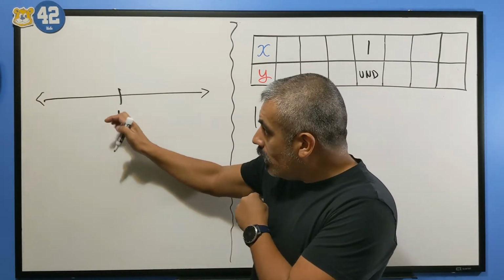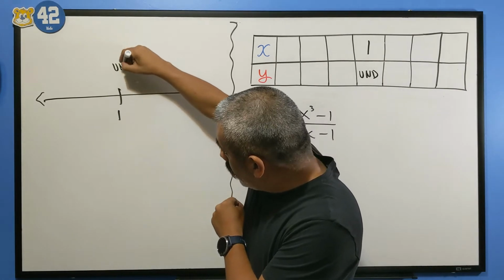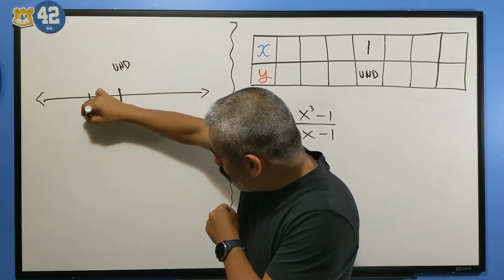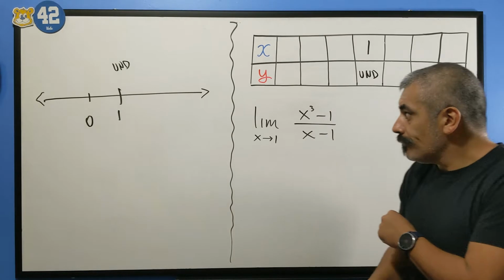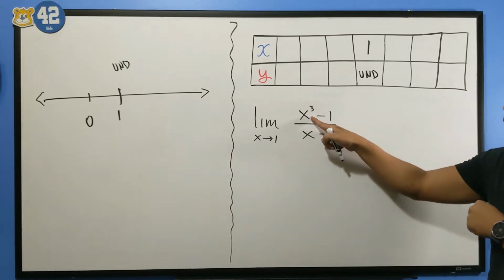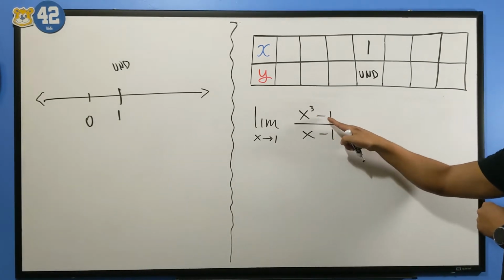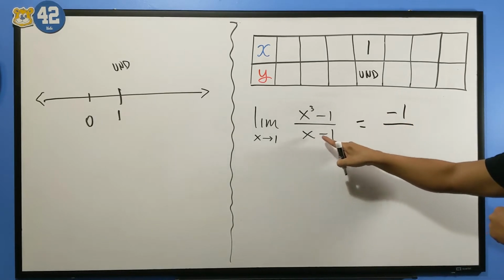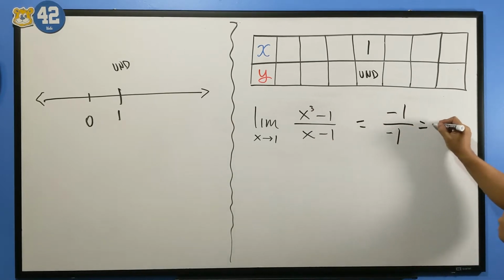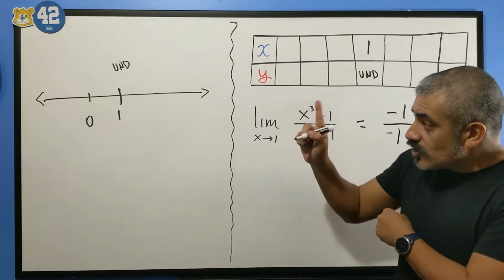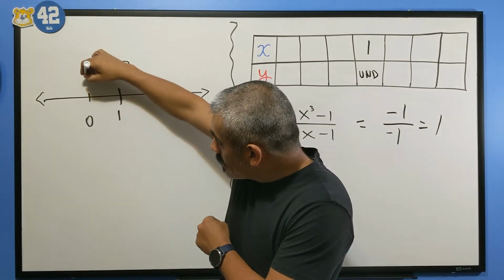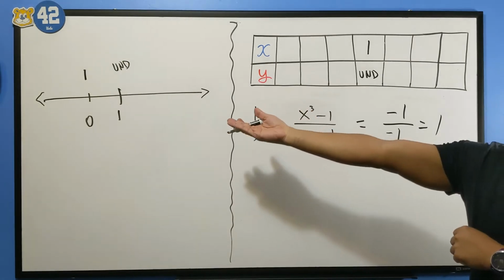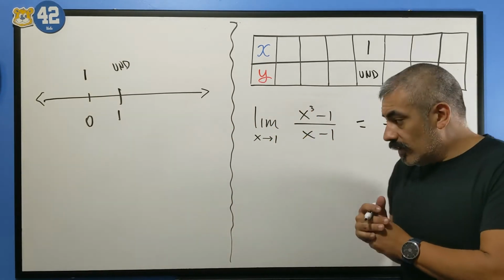We know that at 1, we have this undefined. So let's see what's happening at 0. Now when we plug in 0, we get 0 minus 1 equals negative 1, and we get 1. So the value of this function at 0 is 1. Now let's look at what's happening on this side of the function.